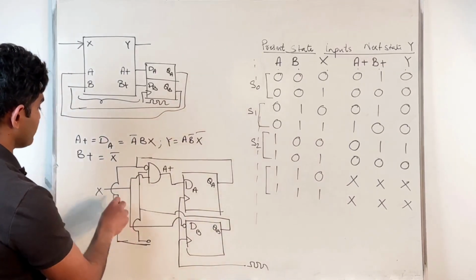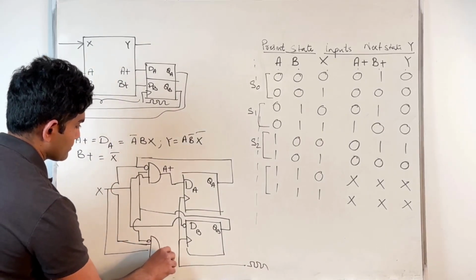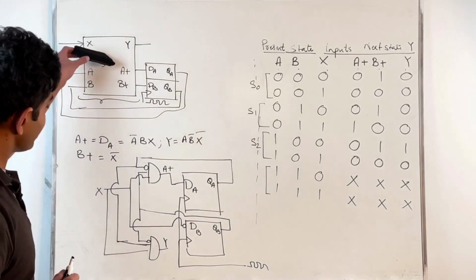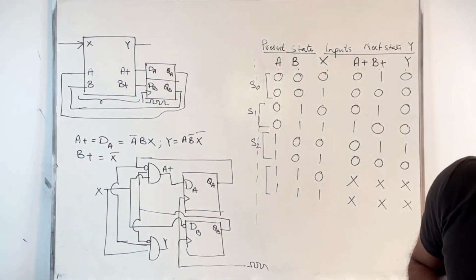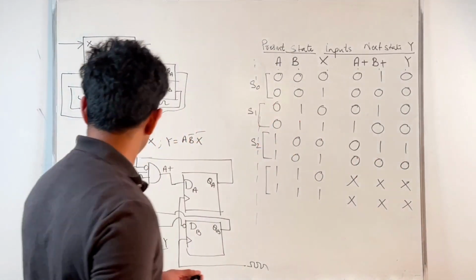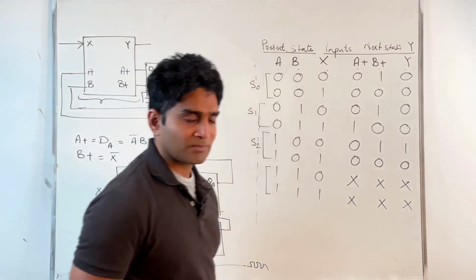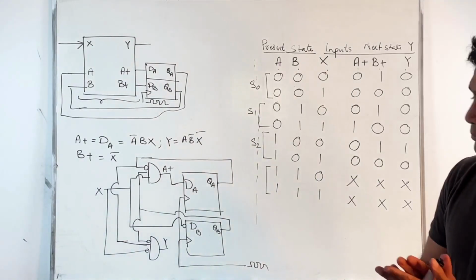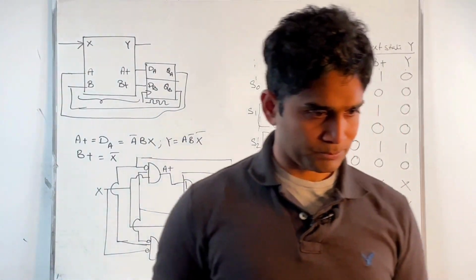So Y is A B prime X prime. And that's my Y. Of course, I could have done everything here, but I just wanted to show it a little bit more clearly there. B prime, right? Yes, that's right. A B prime X prime. That's correct. And that's my Y. And that's it. So that's how you would have implemented the sequence detector for 0, 1, 0.